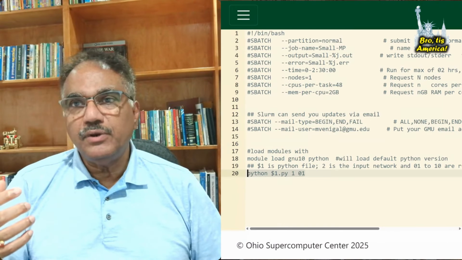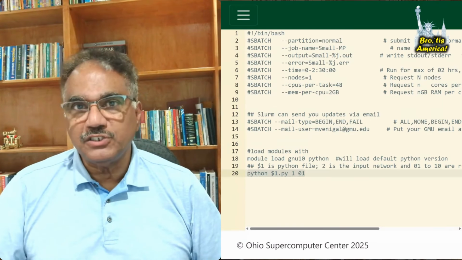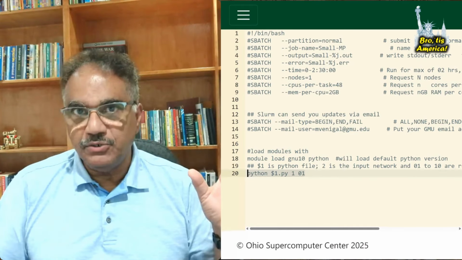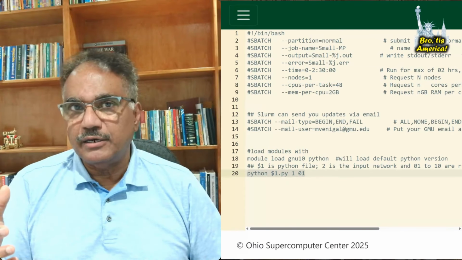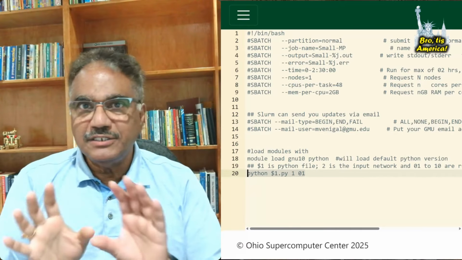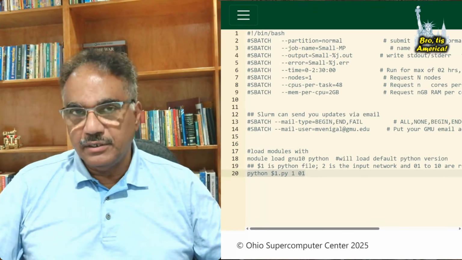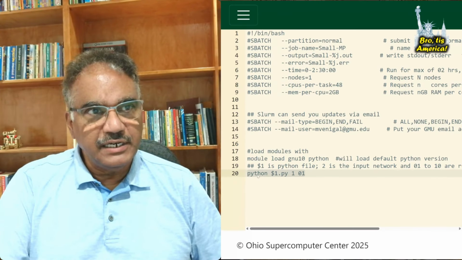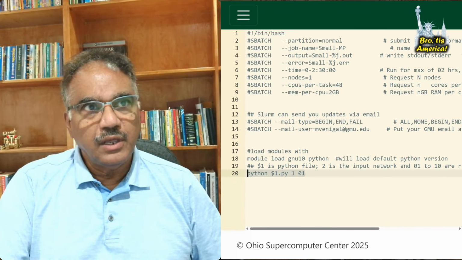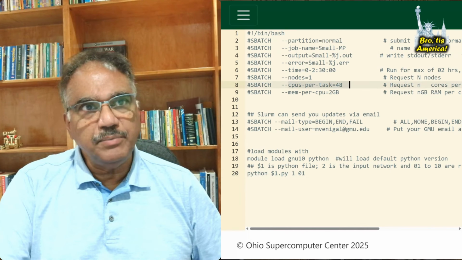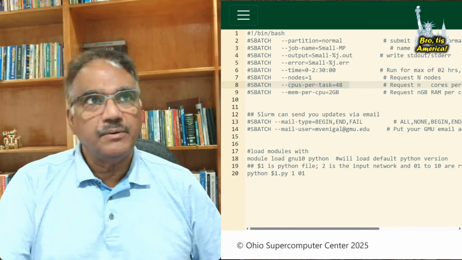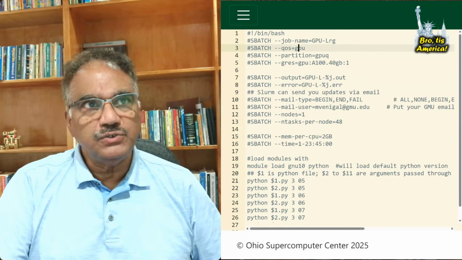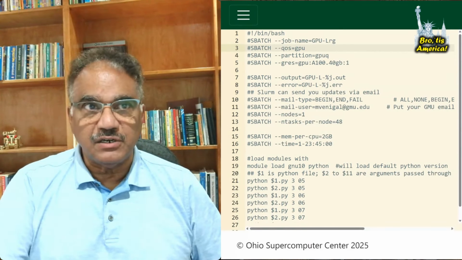Here is an example of my batch processing that uses a whole bunch of CPUs. It's actually a Python code on network optimization, which is using parallel computing resources. So basically it is running Python code on a CPU-based supercomputer. Here is a similar job that is using GPUs, which are much faster.